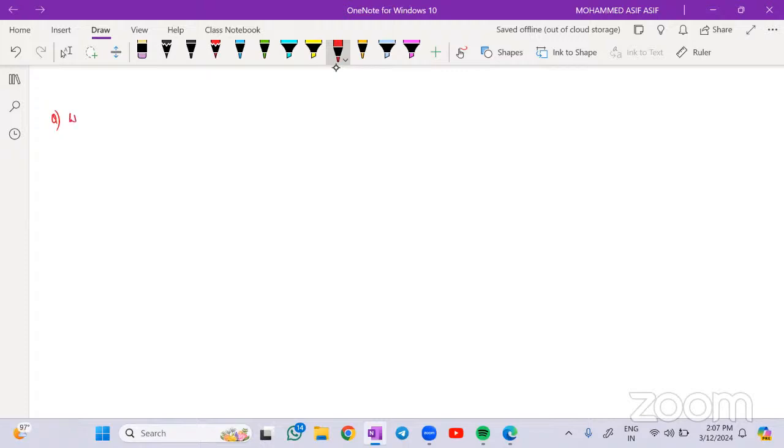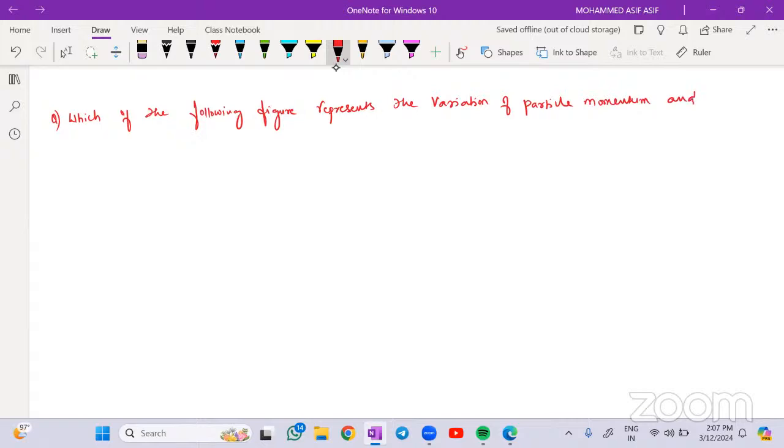First question, देखो beta. Which of the following figure represents the variation of particle momentum and the associated de Broglie wavelength?